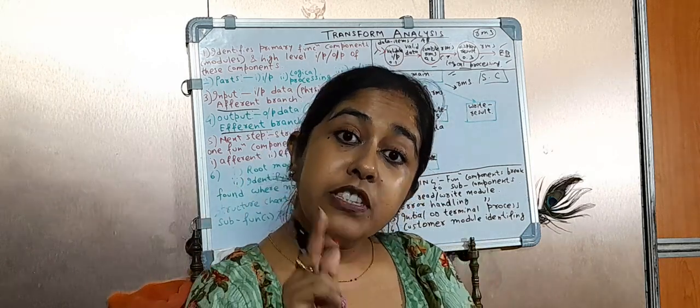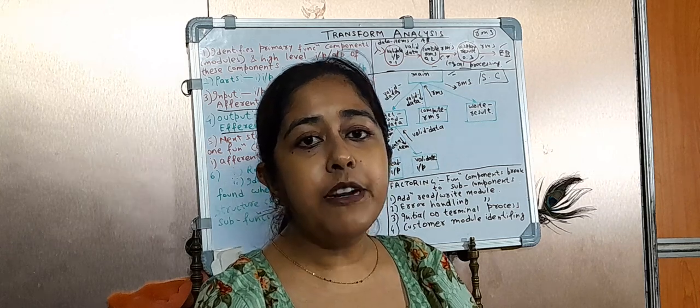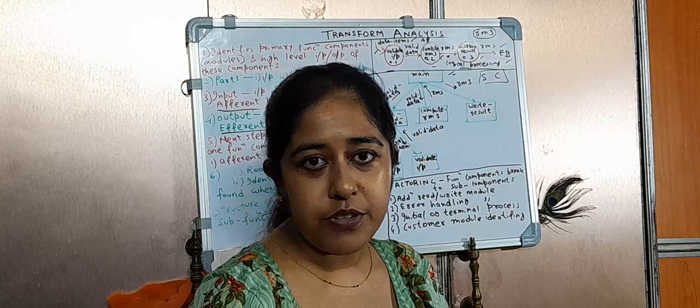But you have to identify that bubble where you are not able to get a particular output from a particular input.